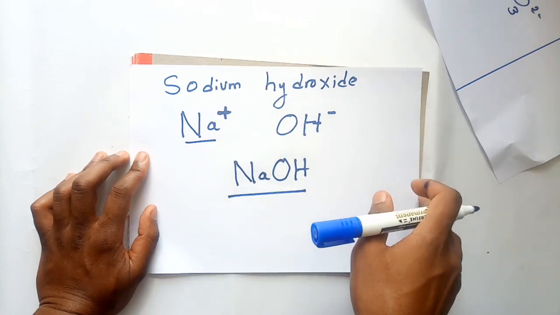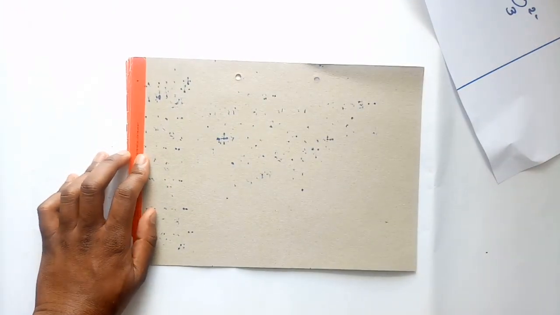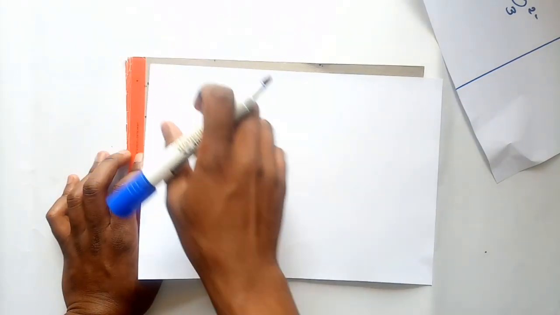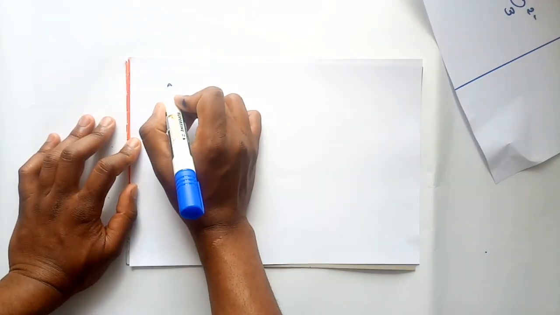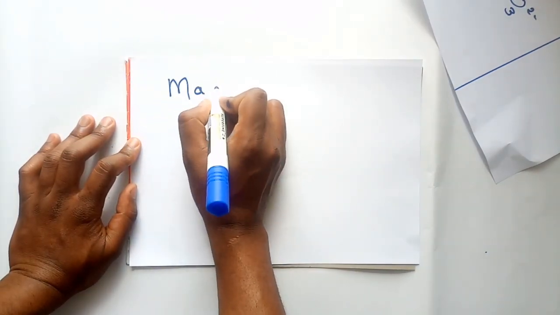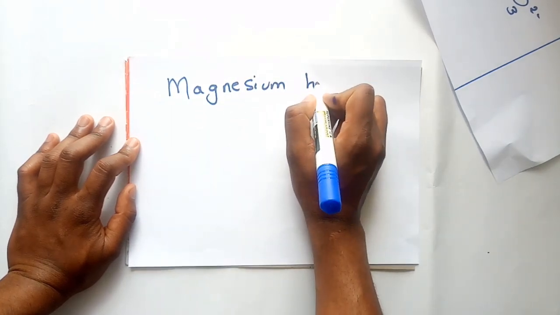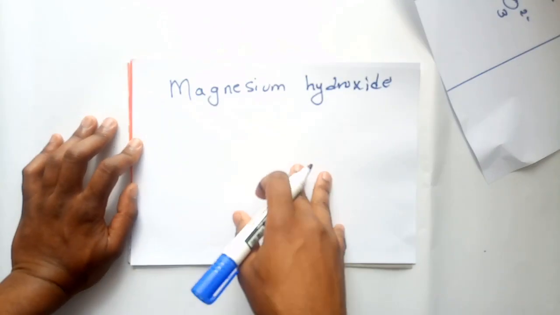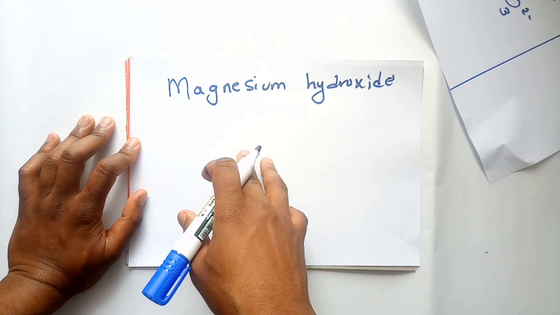Pretty simple. Now let me go a notch higher and try to write magnesium hydroxide. Again, this one is very, very simple.